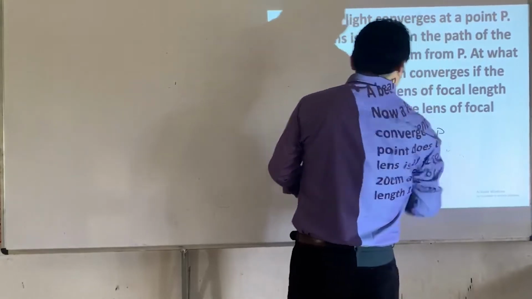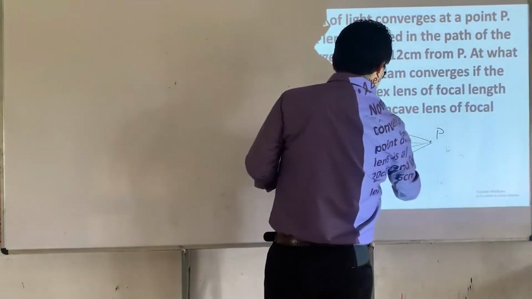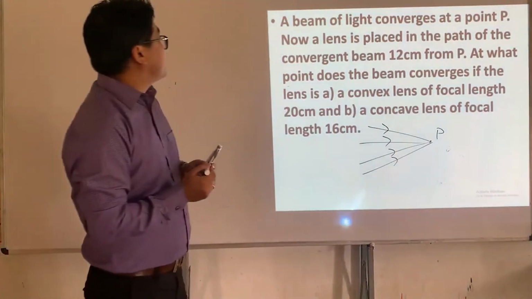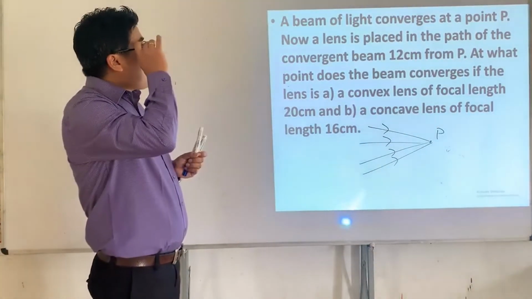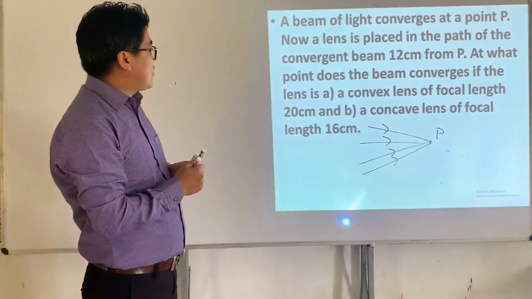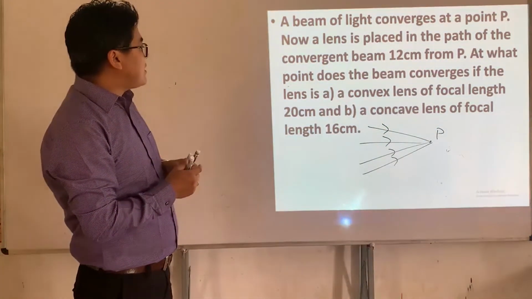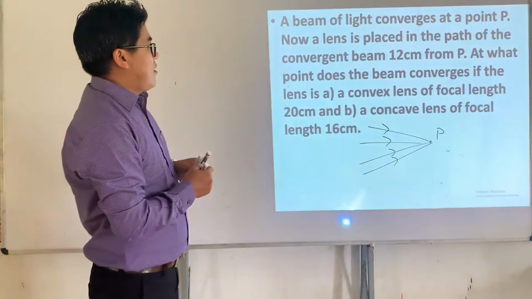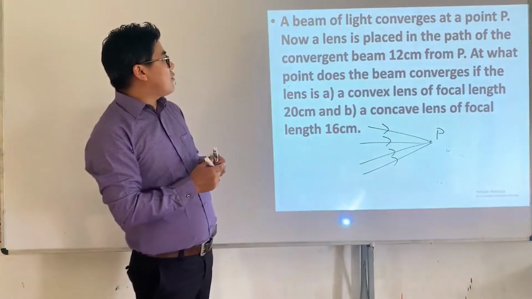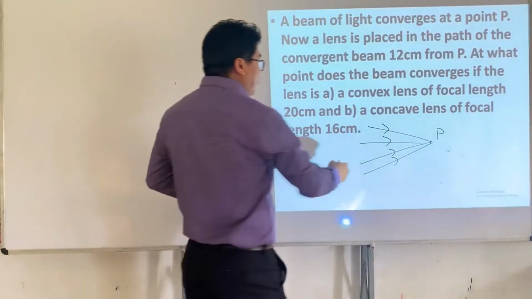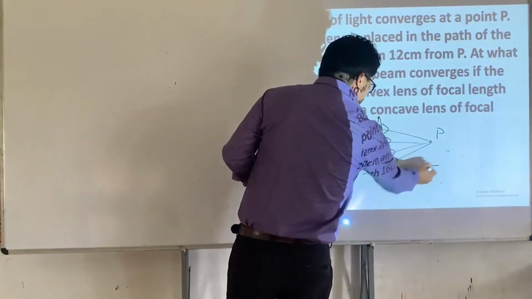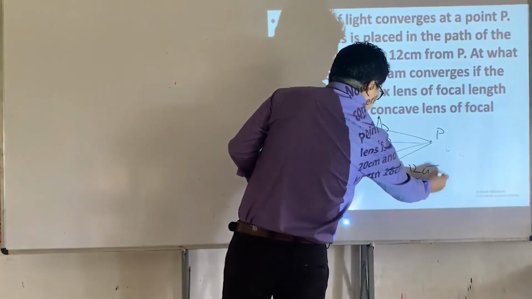This is P. A beam of light converges at point P. Now a lens is placed in the path of the convergent beam, 12 centimeters from P. That means I am going to keep the lens something like this. The distance is 12 centimeters.